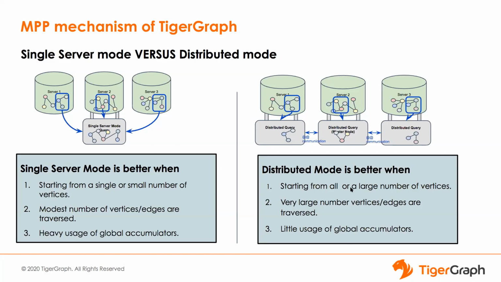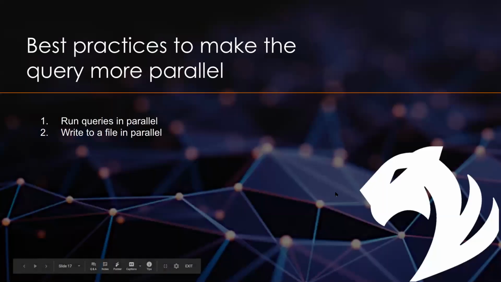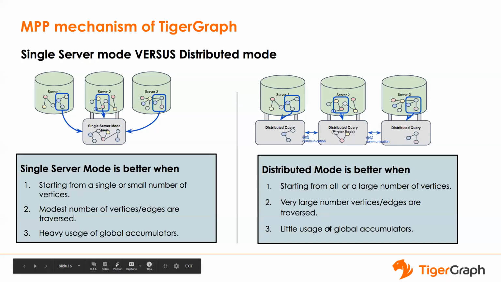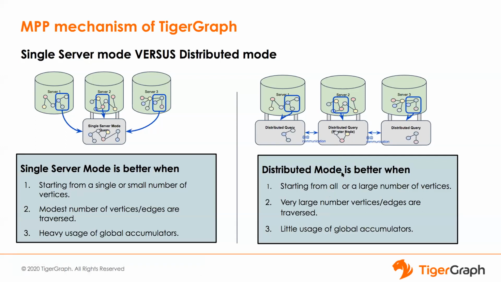However, on the contrary, if you start from all vertices or very large numbers and you traverse a huge amount of vertices and edges, then it's a good idea to run in distributed mode. Also, if you don't use the global accumulator very intensely, then distributed mode is also a very good choice.